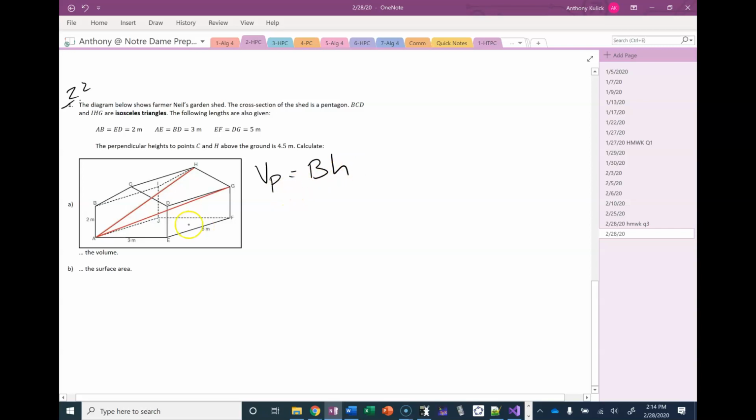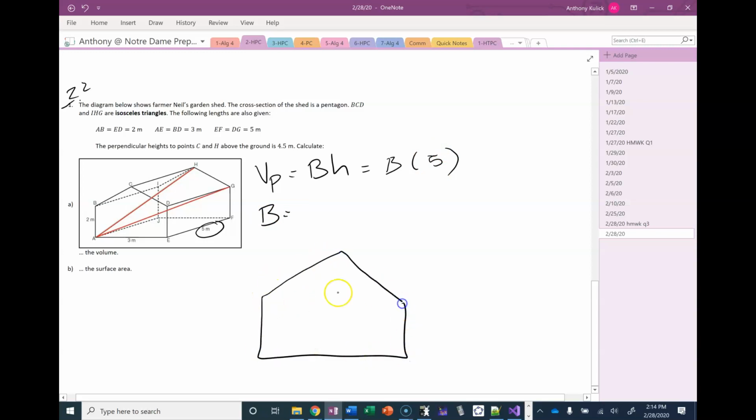The height in this case is the distance between the bases, so that's just 5. Area of the base is going to be the area of this pentagon. So we know that's 2, we know that's 3, and we know that that distance is 4.5. That was all given to us in the directions. So what I'm going to do is turn that into just the area of the rectangle plus the triangle.